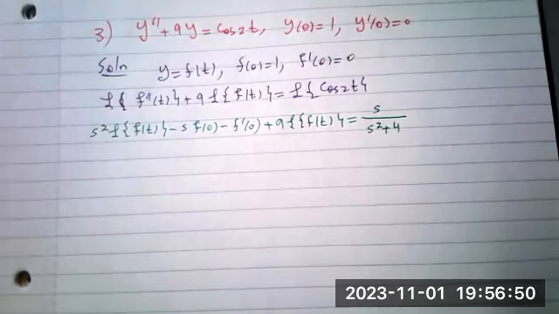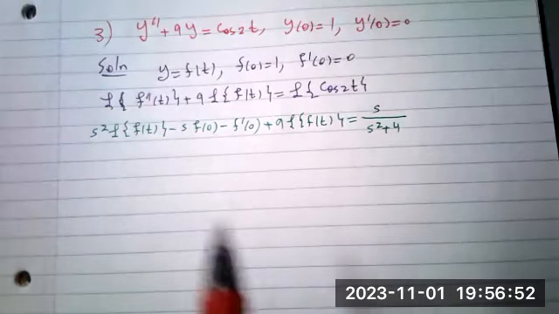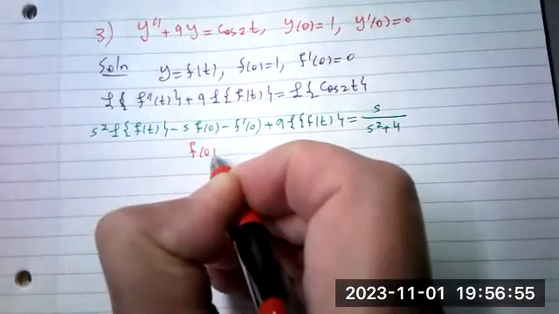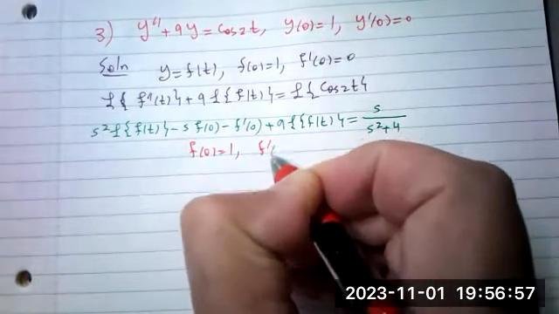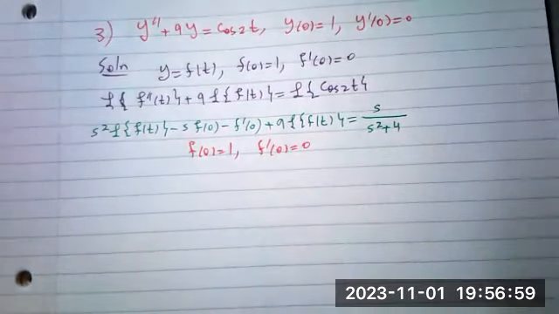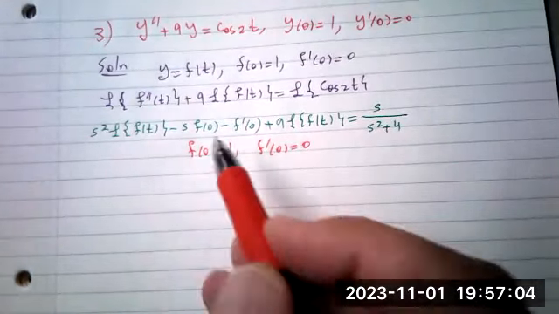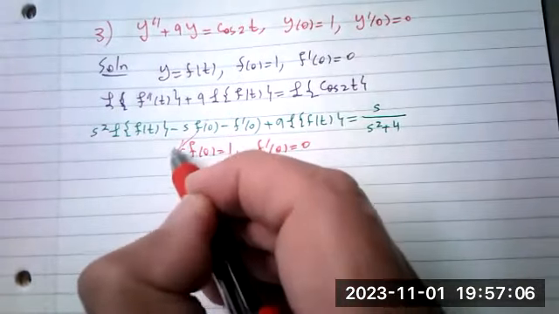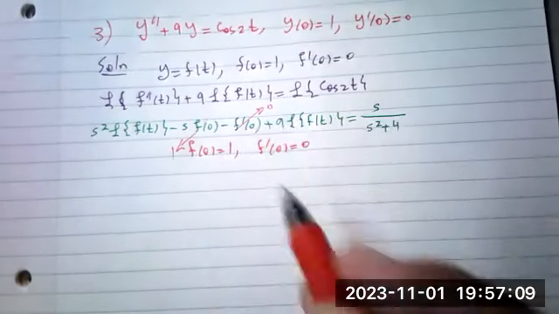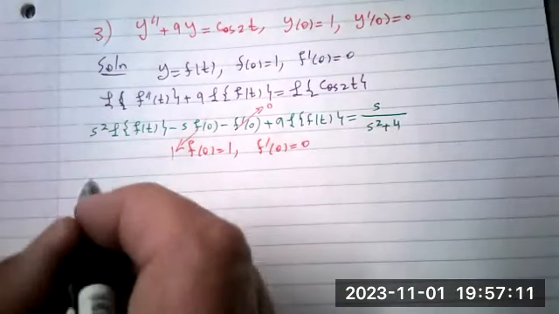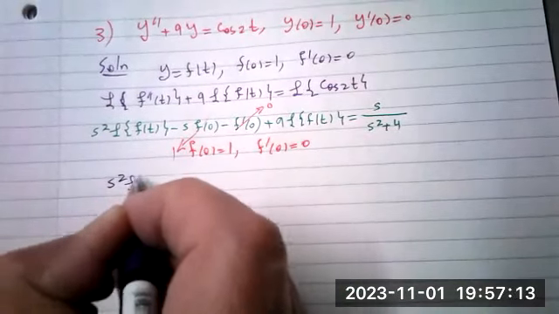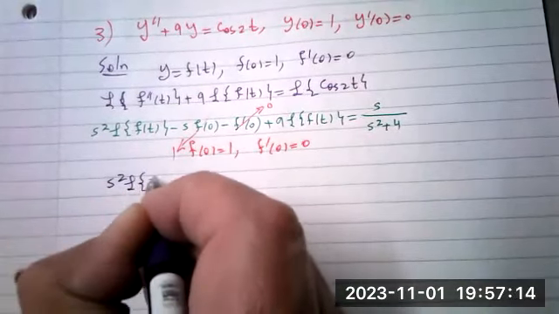Apply the initial conditions. What do you have? f of 0 is 1, f prime of 0 is 0. So what's going to be the result? This is 1. This is 0. So left over: s squared Laplace of f of t, f of 0 is 1, so minus s.